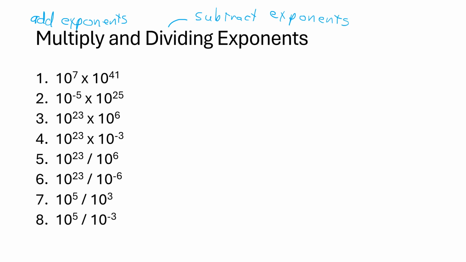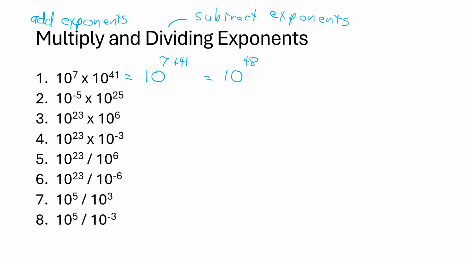So with this first number, we've got 10 to the 7th times 10 to the 41st. That is equal to 10 to the 7 plus 41, or 10 to the 48th.